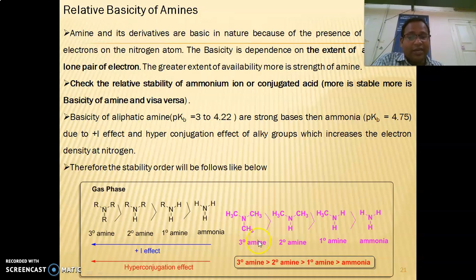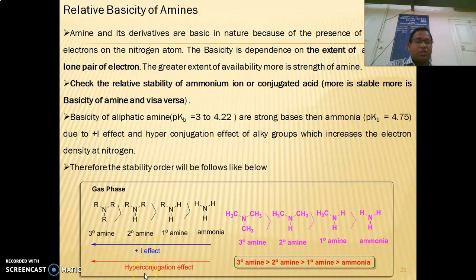The higher the inductive effect, the higher the basicity. Similarly, with two electron donating groups, the basicity will be greater than the primary amine and in turn greater than ammonia. The basicity in the gaseous phase is: tertiary amine is greater than secondary amine, greater than primary amine, greater than ammonia.